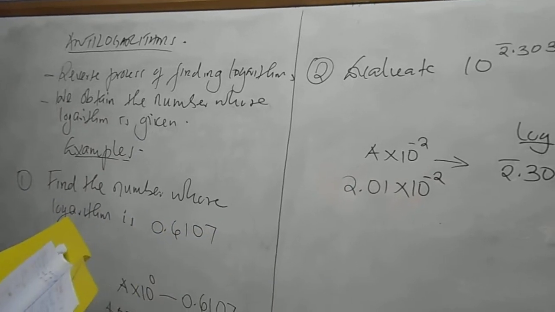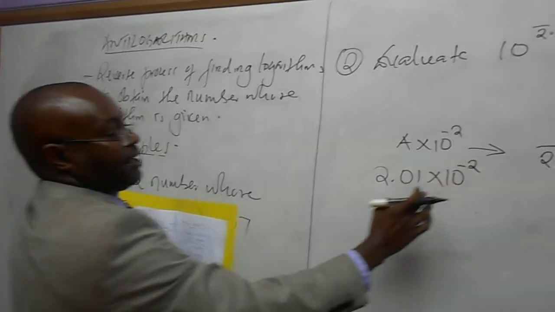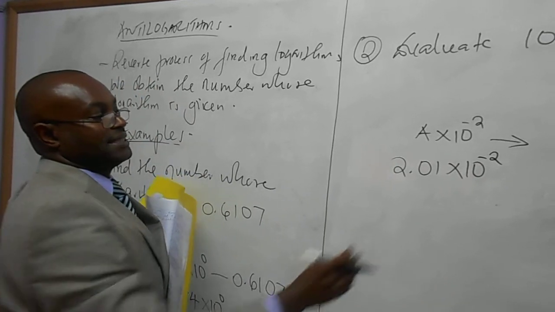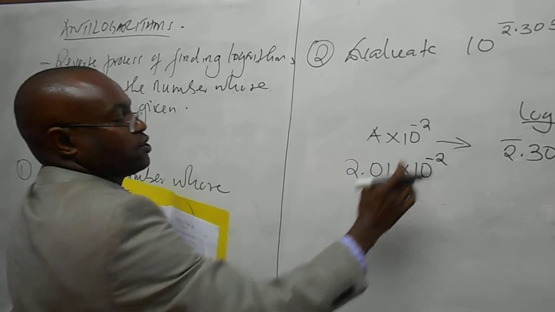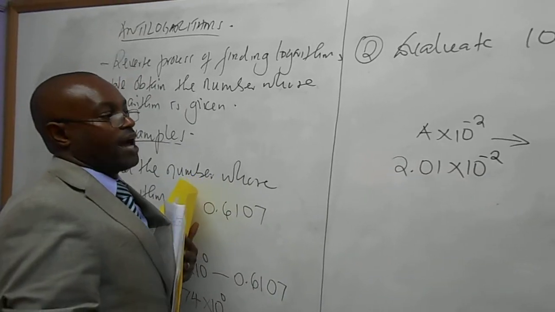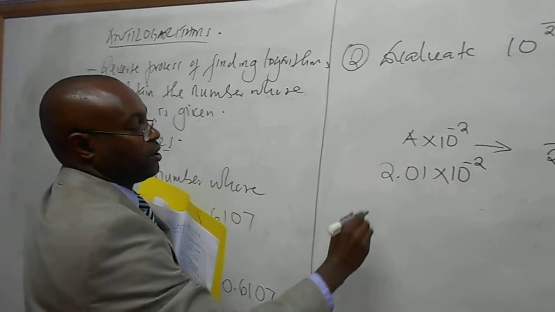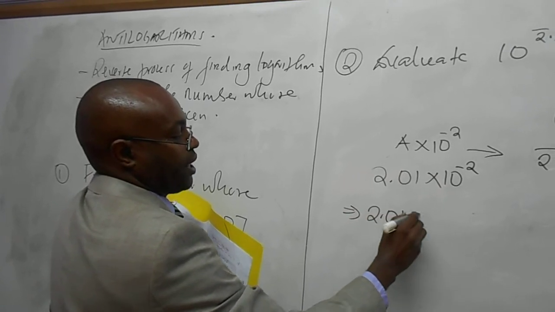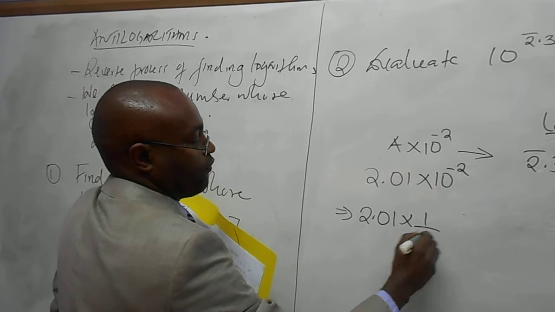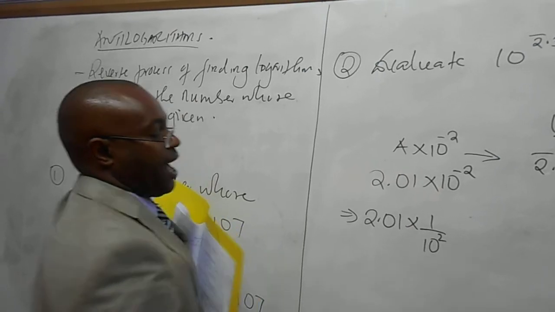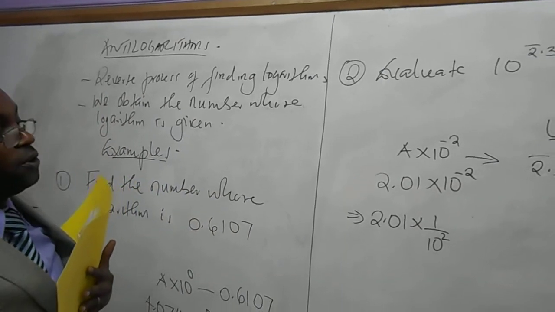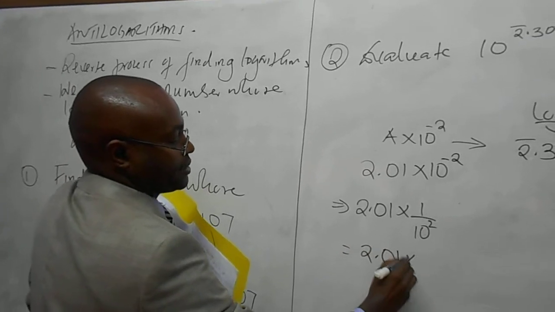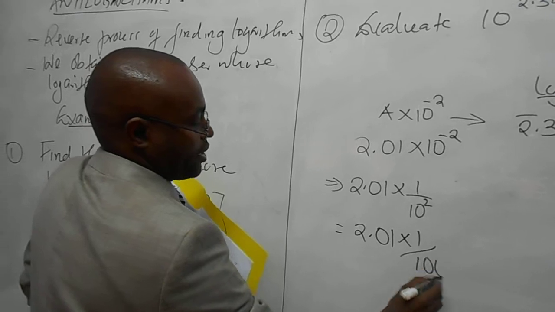Now, if you remember, class, when you were discussing the laws of indices, you are able to see that 10 to power negative 2 can also be written as 1 over 10 to power 2. So this is therefore 2.01 times 1 over 10 to power 2. And 10 to power 2 is 100. So we are saying 2.01 times 1 over 100.